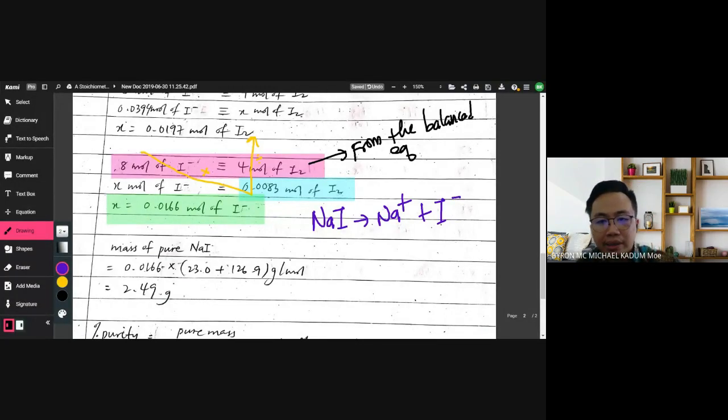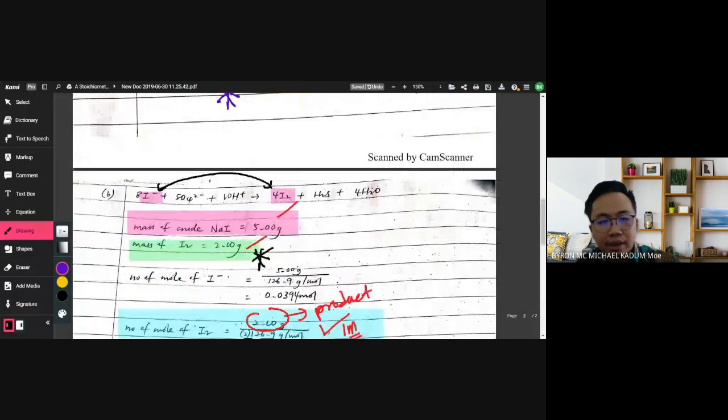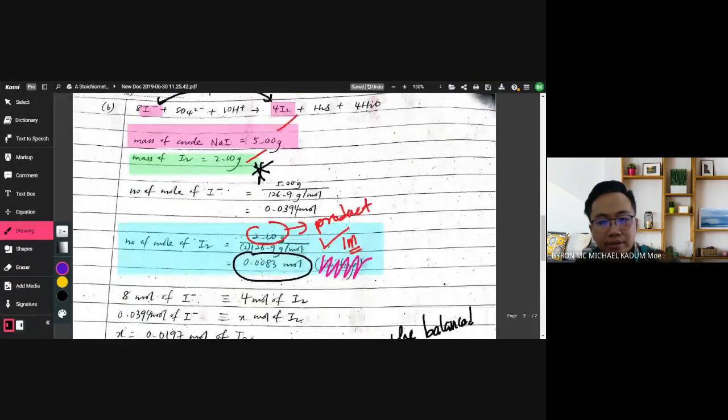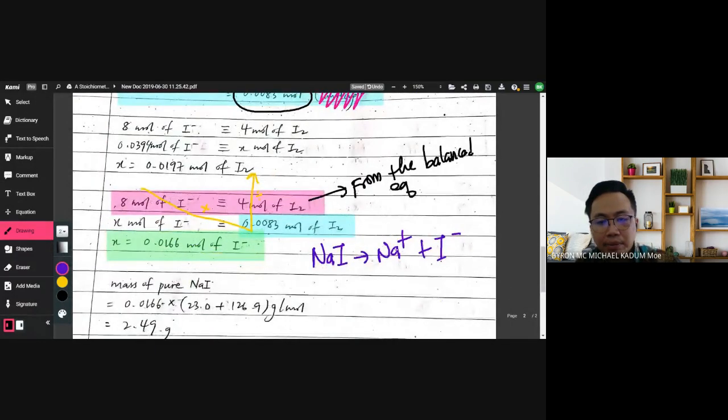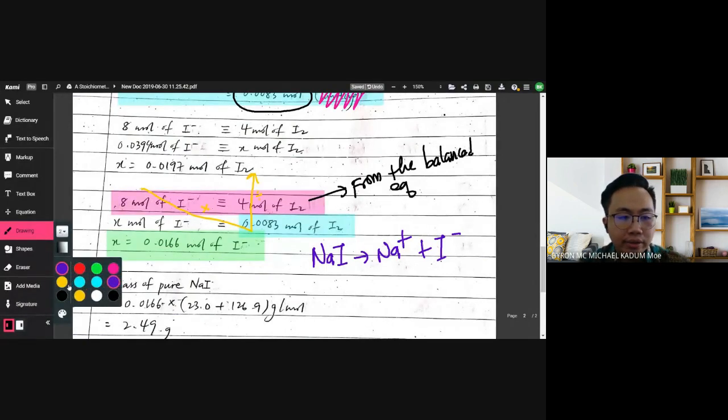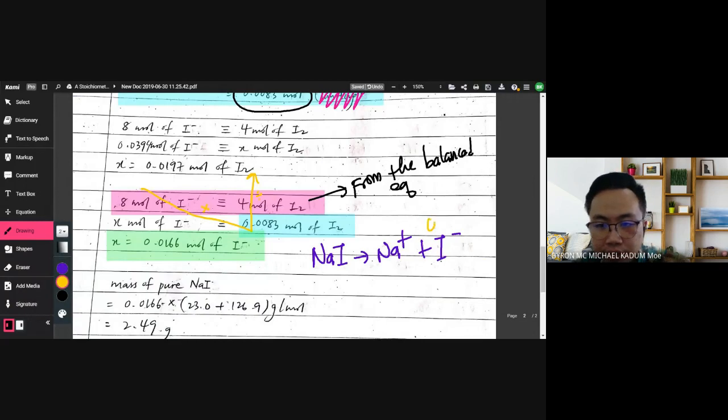Okay, itu yang kita dapat di sini. Kalau kita dapat 0.0166 mol di sini, maksudnya sekarang NaI ini juga adalah 0.0166 mol. Okey, setakat di sana boleh faham?